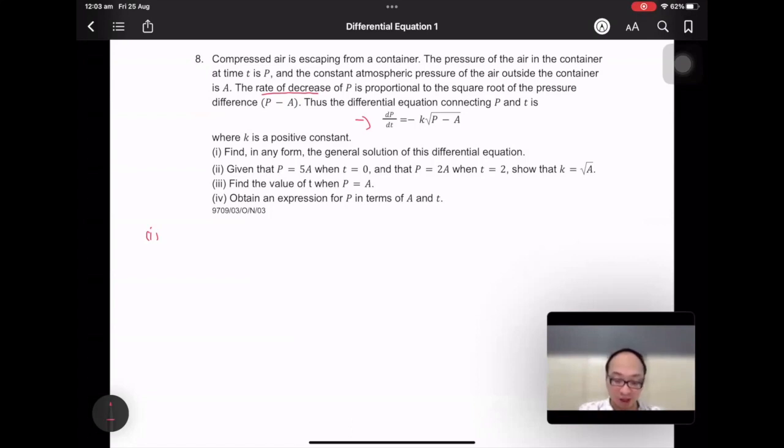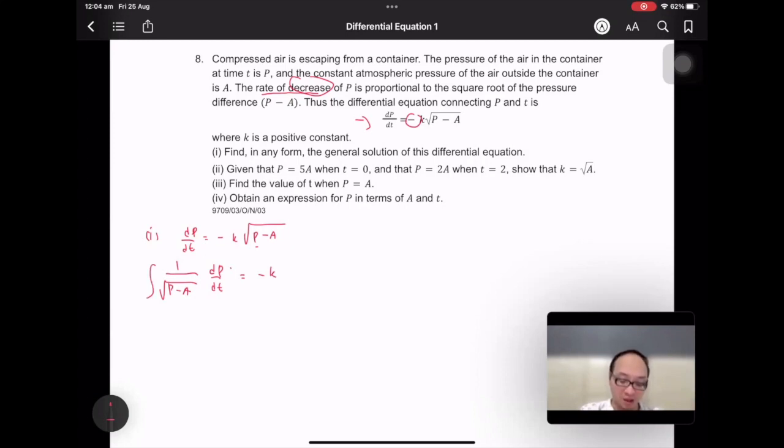So we can start from there. dP/dt equals minus k square root of (P minus A). The negative is there because it is decreasing. So we have to integrate this. I have P on the left and on the right, so I have to move the P. So it's 1 over root (P minus A) dP/dt equals minus k.